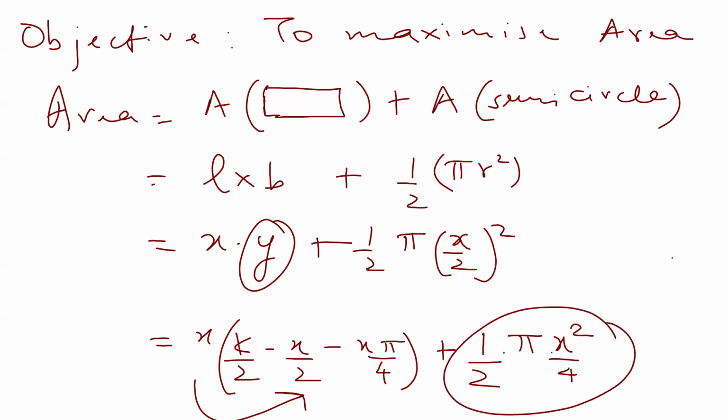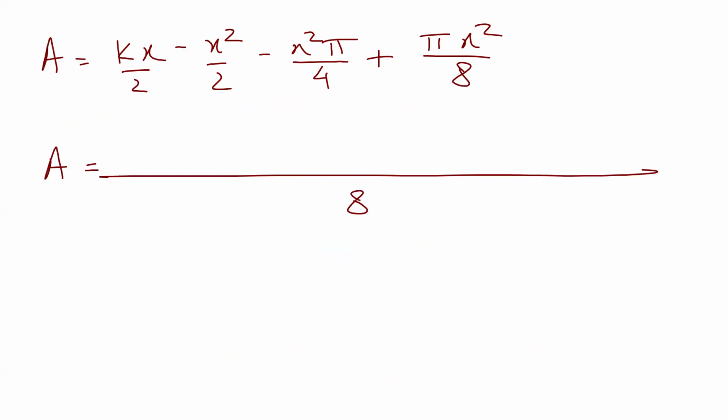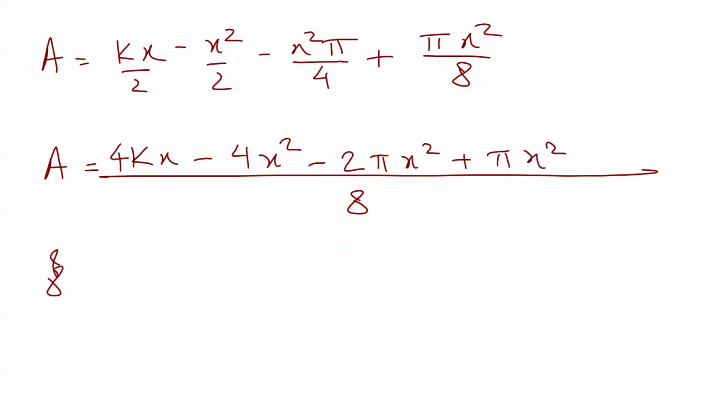This part, I'll take LCM 8. So 4kx minus 4x square minus 2 pi x square plus pi x square. So 8a is equal to 4kx minus 4x square minus pi x square.